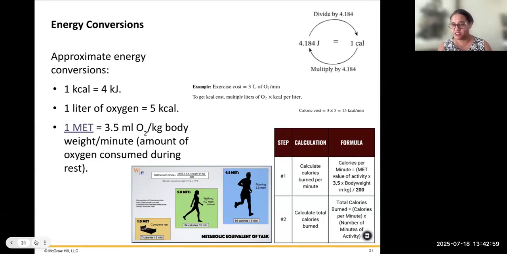It explains the MET a little better. But calories per minute equals the MET value of the activity times 3.5 times the body weight in kilograms, and then divided by 200. But the METs are different depending on how heavy, how intense you are exercising.